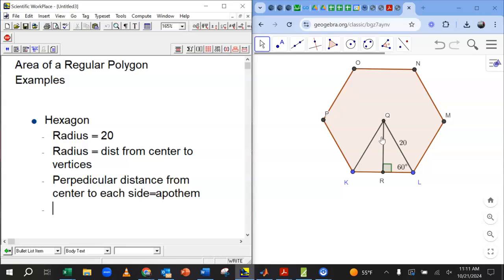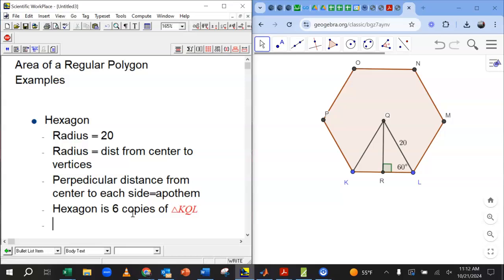The reason we're going to want that is we're going to think of the hexagon as a bunch of copies of triangles. You can think of it as a bunch of copies of KQL. That's certainly very useful. The hexagon is some number of copies, think about it for a second, of KQL. It is 6 copies of triangle KQL.